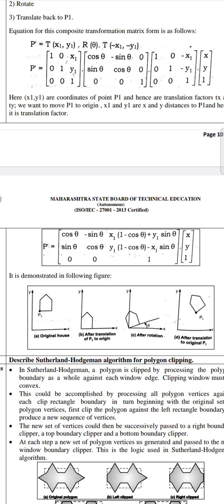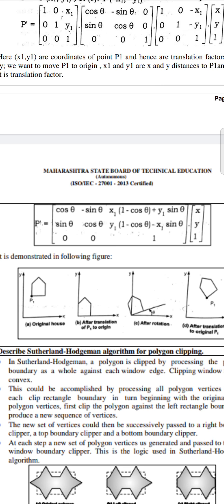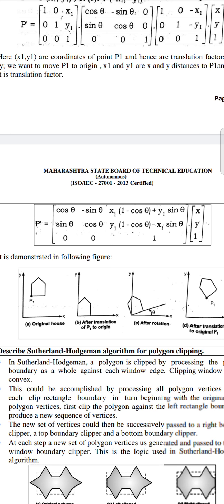P dash equals the rotation matrix into x y 1, which is a 3 by 1 matrix. This x y 1 is the original point, and you are getting the rotation matrix.